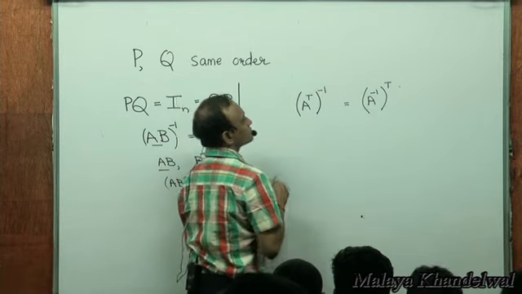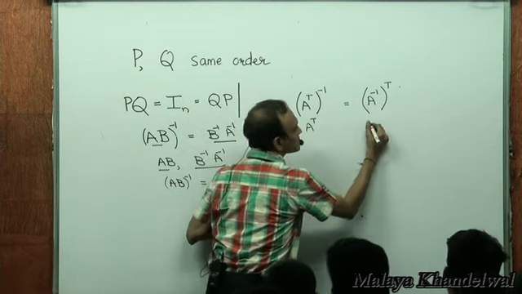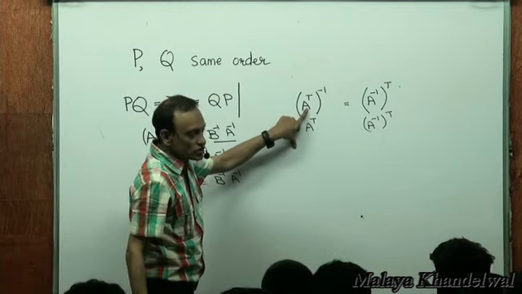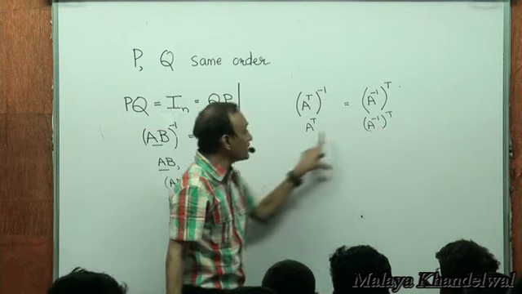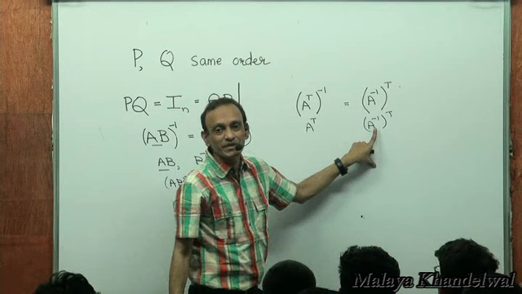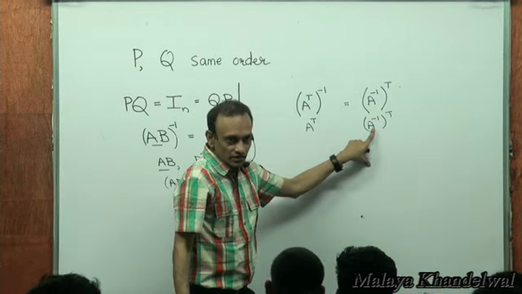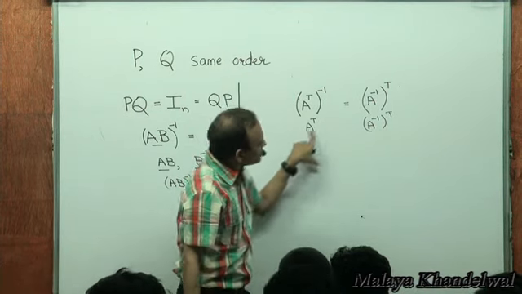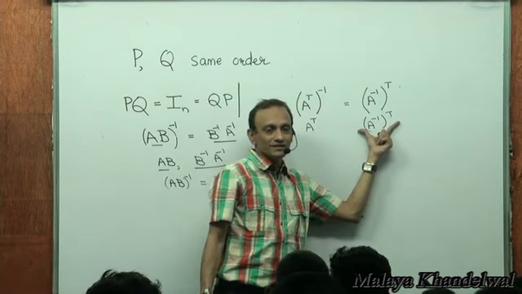Now, look, if the inverse of A transpose is A inverse transpose, right? This is the inverse of A transpose. If the inverse of this is this, then the product of these two must be an identity matrix, right? So if I can establish that the product is an identity matrix, then the inverse of this must be this.